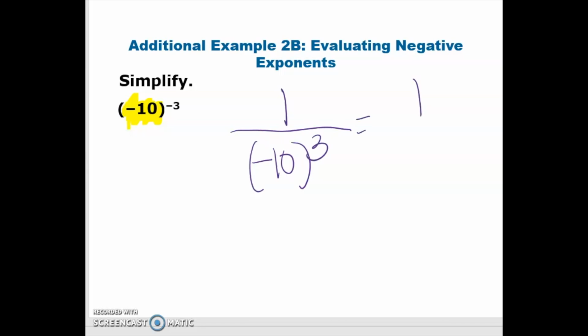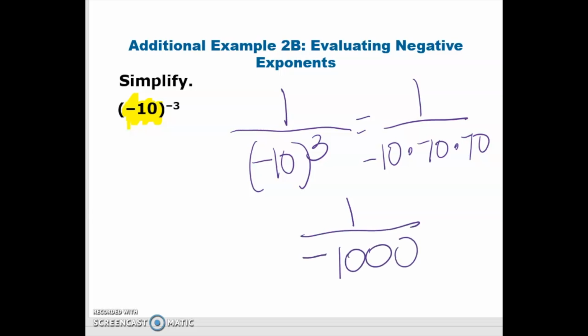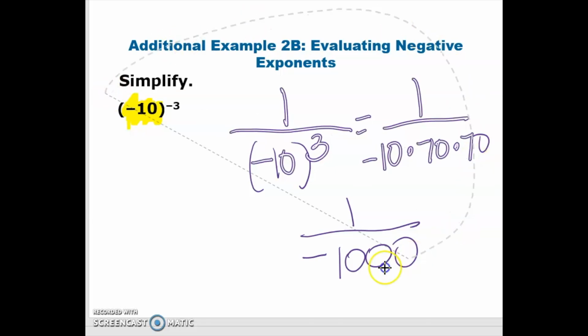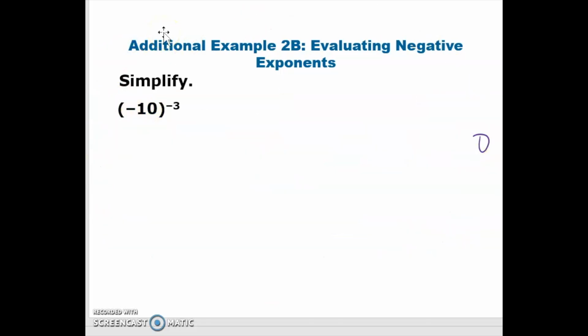So remember, that means in our denominator, negative 10 times negative 10 times negative 10. So that becomes 1 over negative 1,000 or negative 1/1000th.